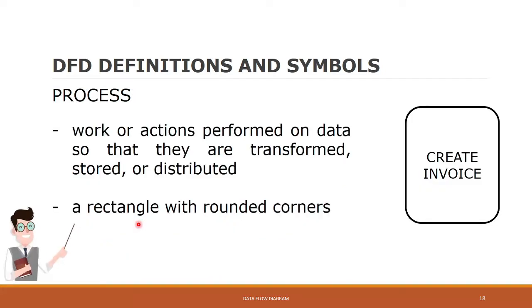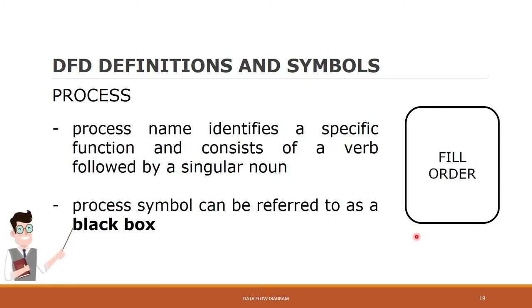Then let's move to the process symbol. A process is the work or action performed on data so that they are transformed, stored, or distributed. The symbol for a process is a rectangle with rounded corners. So this is the symbol of a process. The process name identifies a specific function and consists of a verb followed by a singular noun.